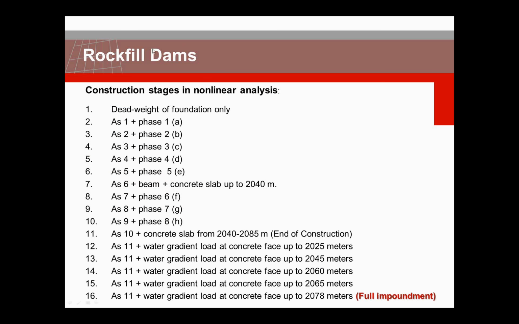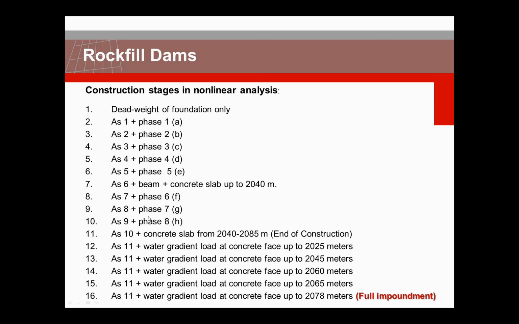So in this analysis we considered a lot of construction phases. In the first phase we only applied the dead weight and looked only at the foundation, and then we constructed the rockfill body of the dam in 5 phases. When half of the rockfill body was constructed, the concrete slab up to this altitude was also installed.